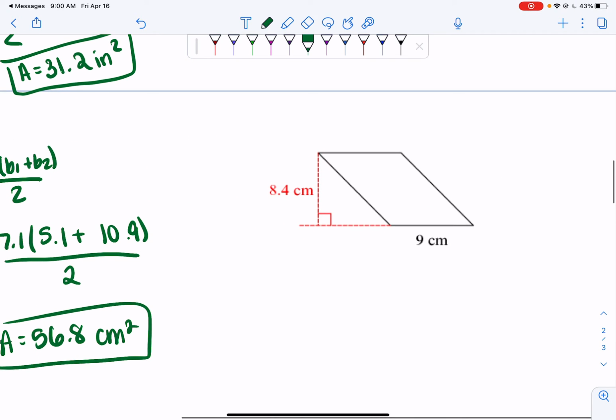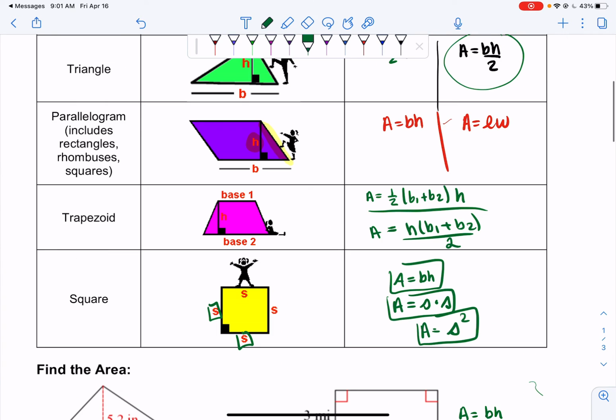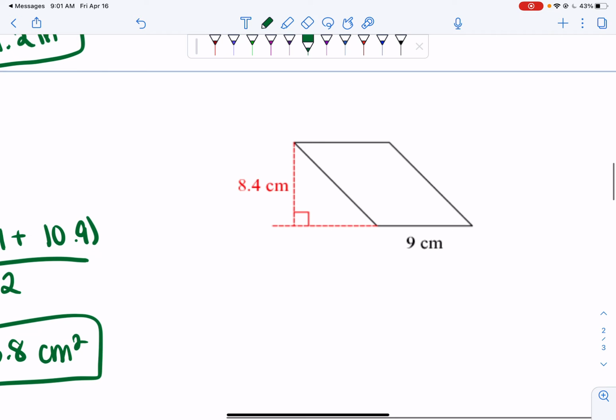Let's go on to the next example. If we look at this one, I have a parallelogram. So when I want to find the area of a parallelogram, I go back up and I know my area rule is base times height. So I'm going to write in area equals base times height. If I look, my base is 9.